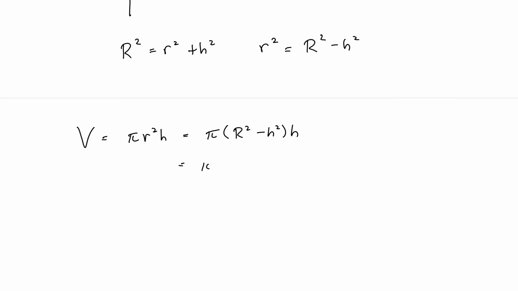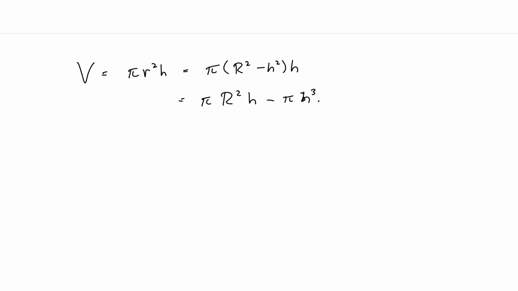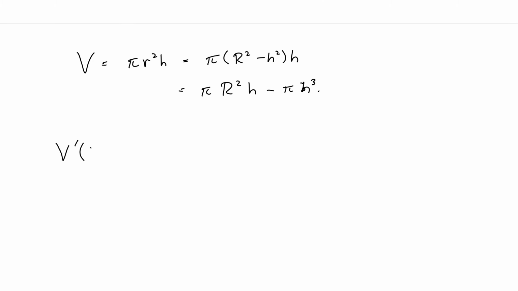And we can FOIL this out to be pi R squared h minus pi h cubed. And now we've got a formula we can use to find the maximum value. So V prime of h is pi R squared minus 3 pi h squared.